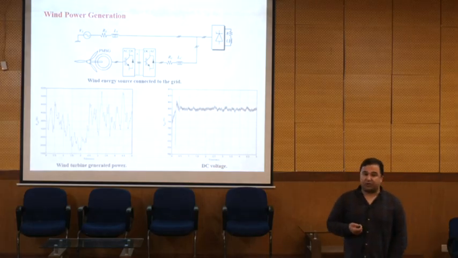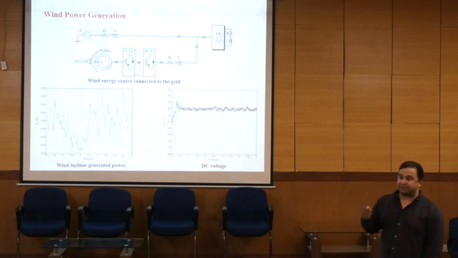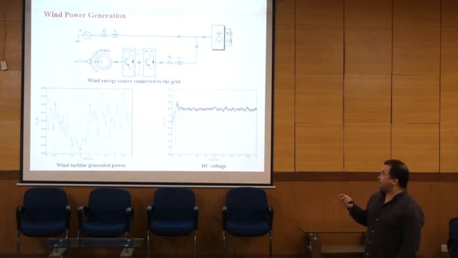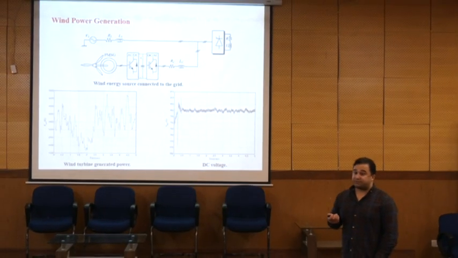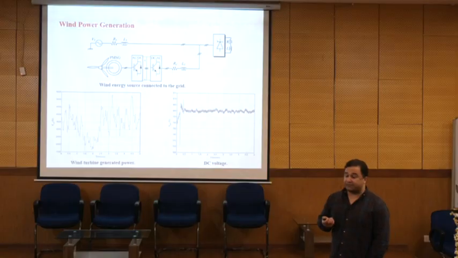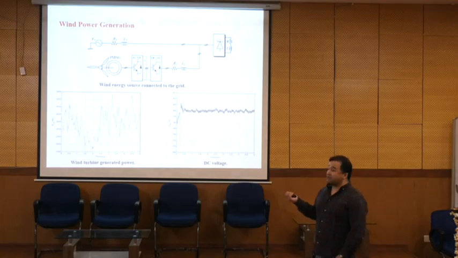So just briefly, I'm not going to discuss in detail. Later we will get back to this technology, but basically permanent magnet synchronous generators are used for providing electricity from wind. Because the speed of the wind is not constant, what we are providing is like this.